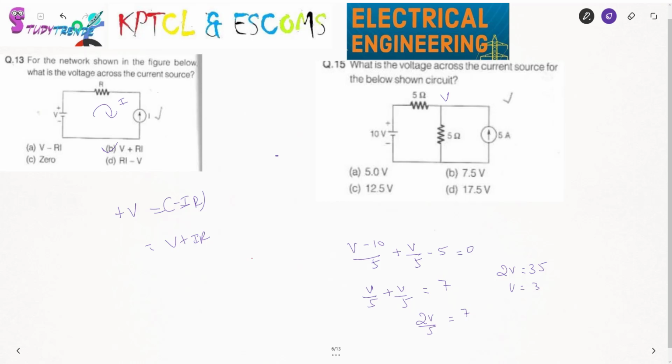V is equal to 35 by 2, 17.5. That stands at 17.5 as option D, right? Option D. Yes, option D. Okay, 17.5. Next question.